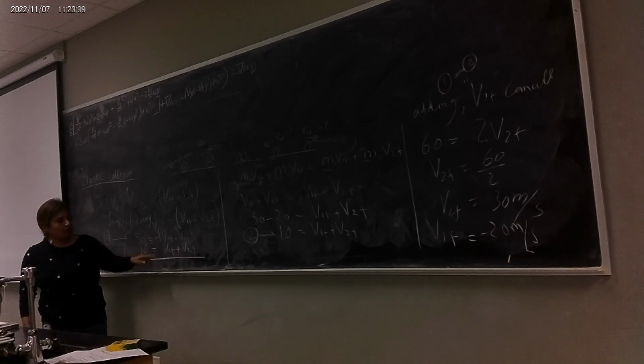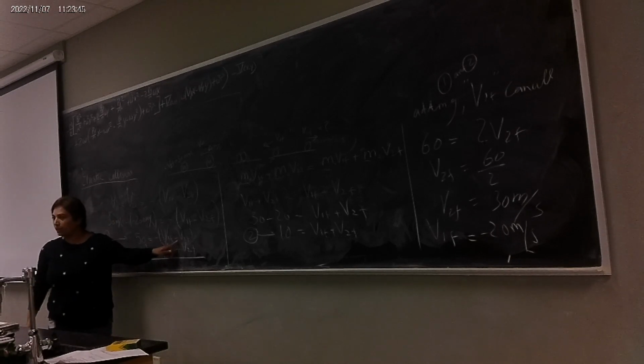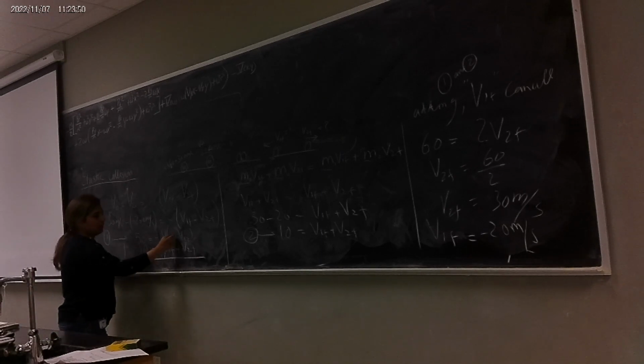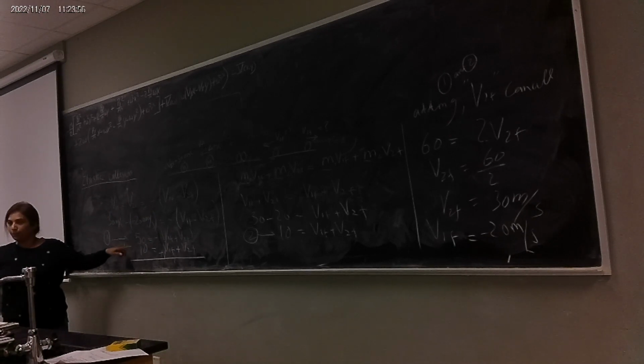They both are positive, these two get cancelled. When I multiply this negative sign in there, that becomes positive too. They add up, that gives me 2 V2F, which is on the right hand side, this gives me 60. Good?